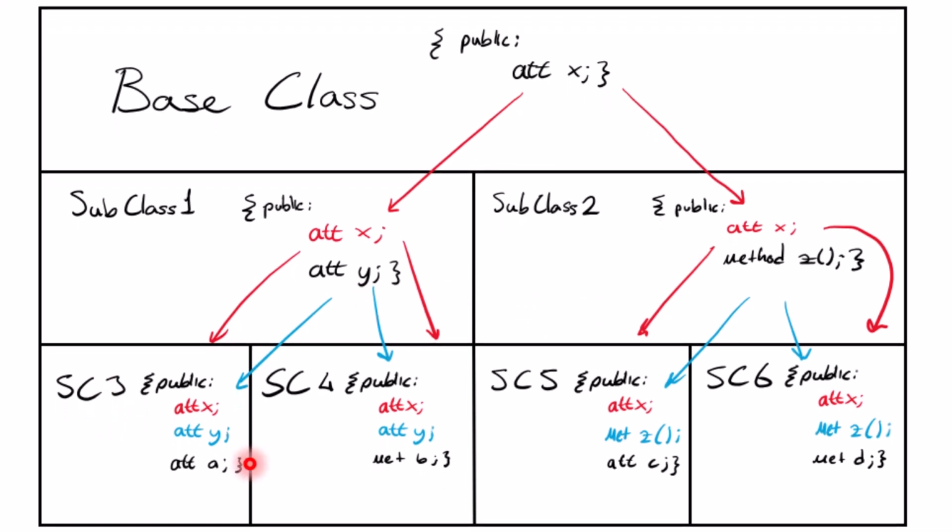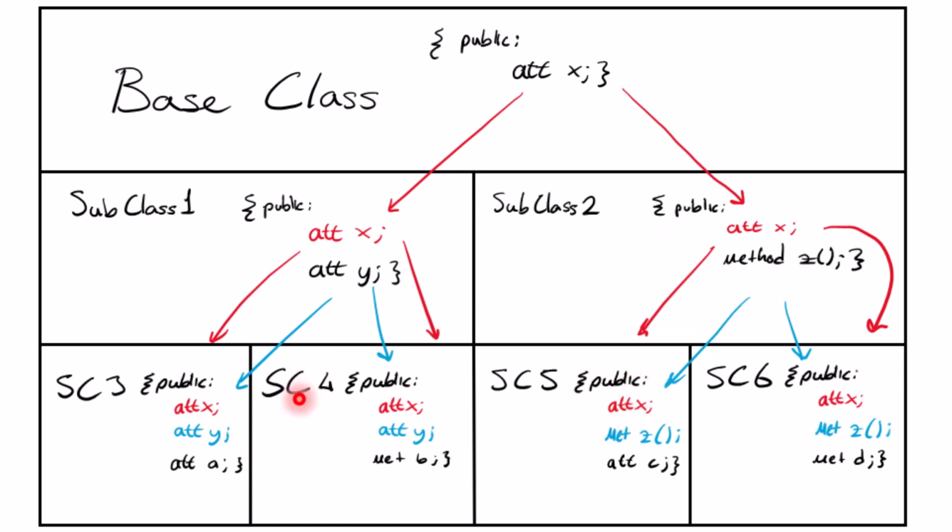Right now you can ignore all the red and blue code. I've only defined X once, but we have 7 classes that actually have the attribute X inside of them. I've defined Y only once, but we have 3 classes that have the attribute Y. I've only defined method Z once, but we have 3 classes that have the same method.